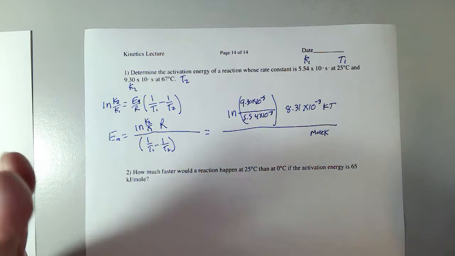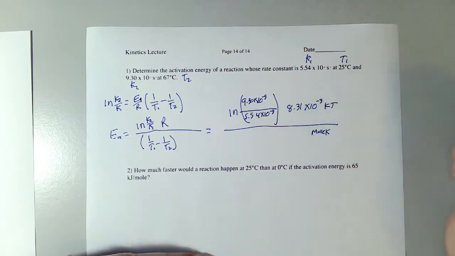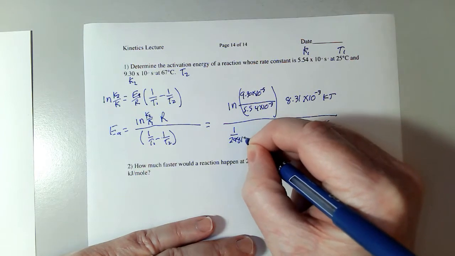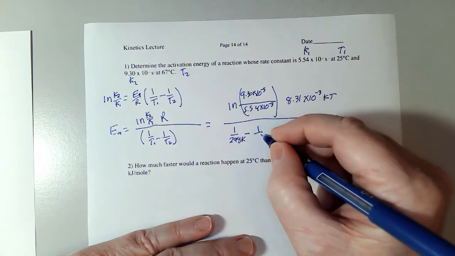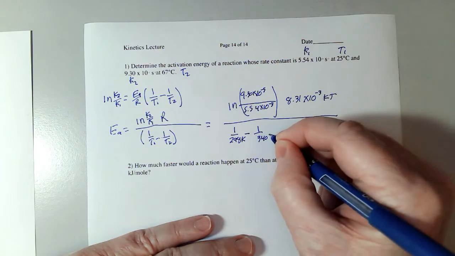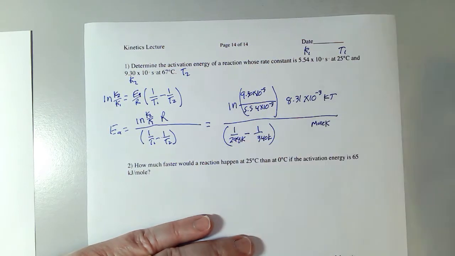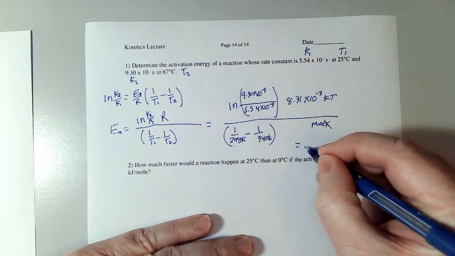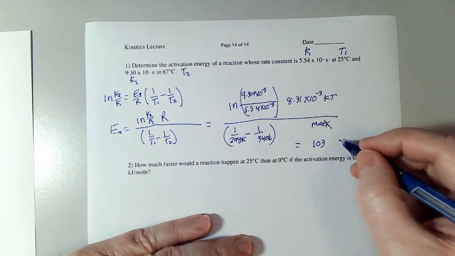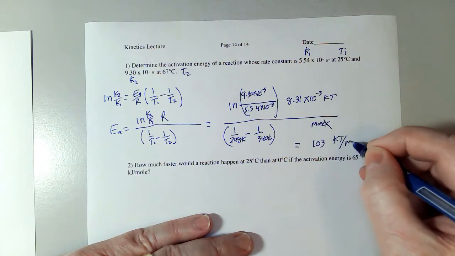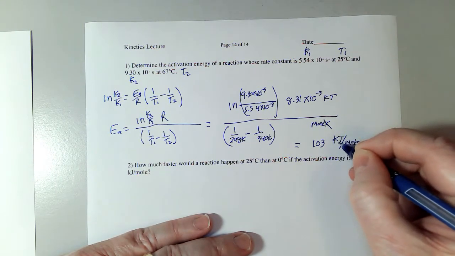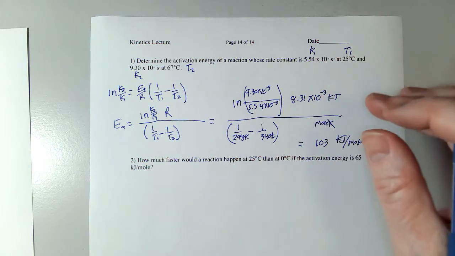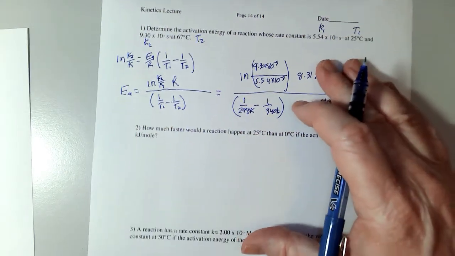Okay, that's the only reason that the times 10 to the negative third pops in. Over 1 over 298K minus 1 over 340K. The kelvins end up canceling. And this comes out to be about 103 kilojoules per mole when you run that through your calculator. So pretty straightforward solve for the EA.